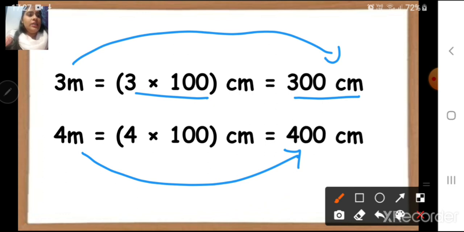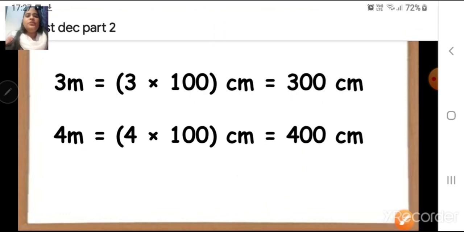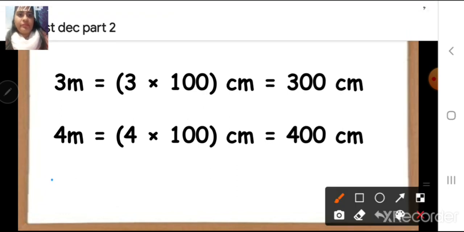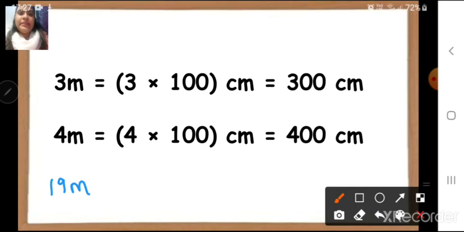Children, now for example, if I want to find out 19 meters. 19 meter. How will I find out? Simply I have to multiply by 100 if I want to convert from meter to centimeter.